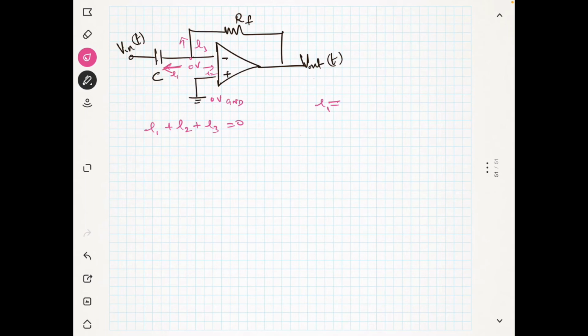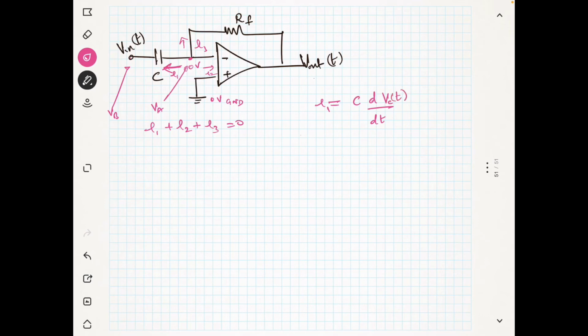Let's say at this point the voltage is VA, and at this point the voltage is VB. Q is equal to CV, so the current is C into d by dt of the voltage across the capacitor.